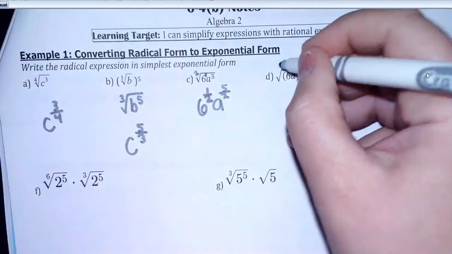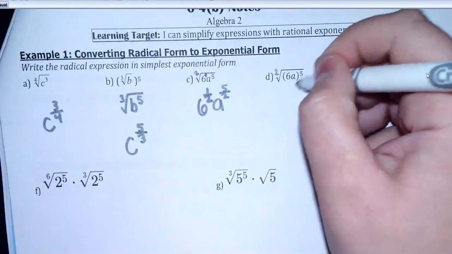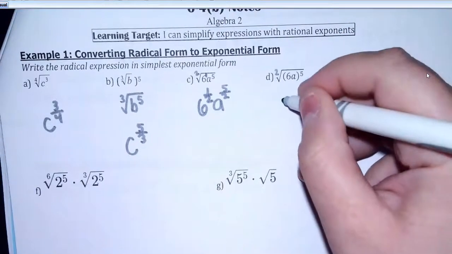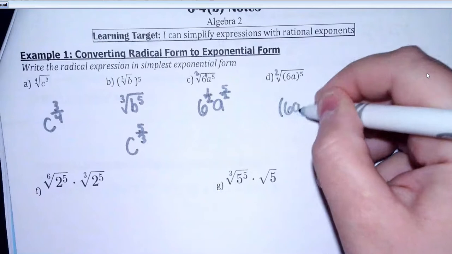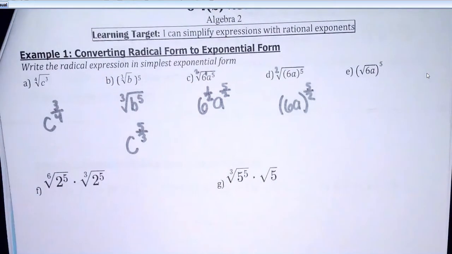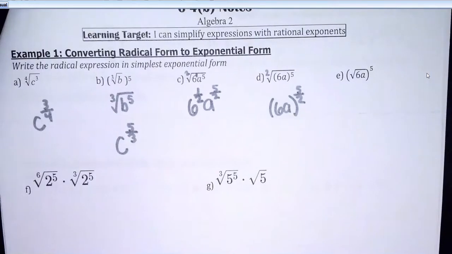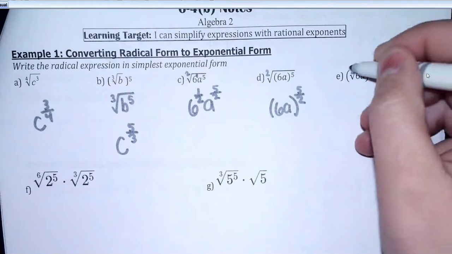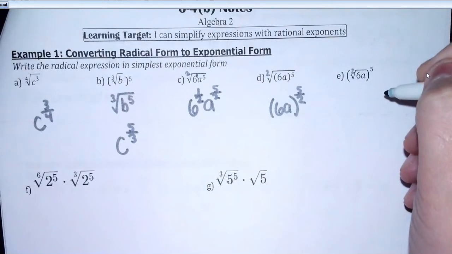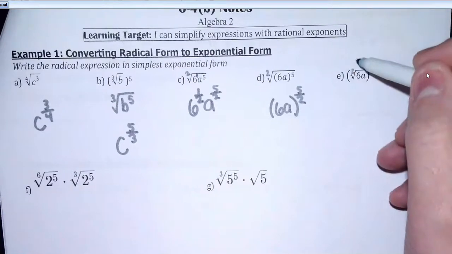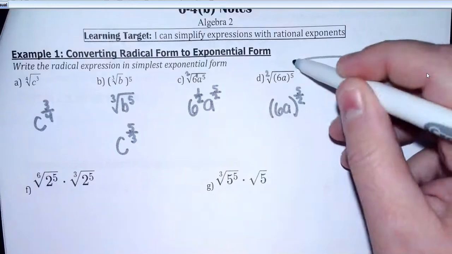Now, this is in parentheses, so the whole thing is to the 5/2 power. So it would be 6a to the 5/2. And then the final question: we have the square root, and the parentheses are around the whole thing, so the whole thing is being taken to the 5th power. This is going to be equivalent to that previous question.